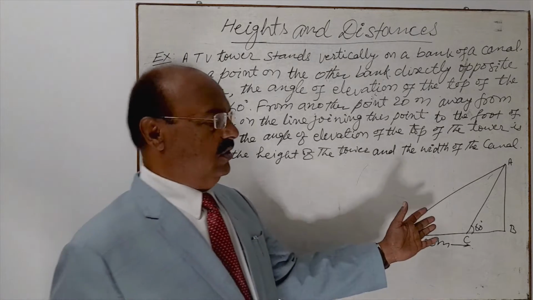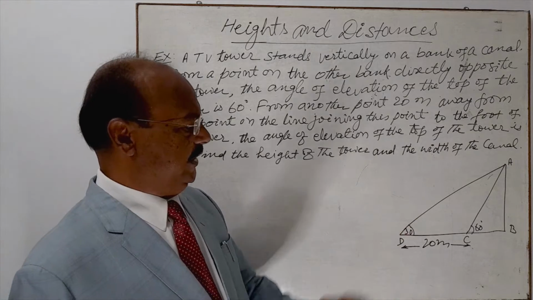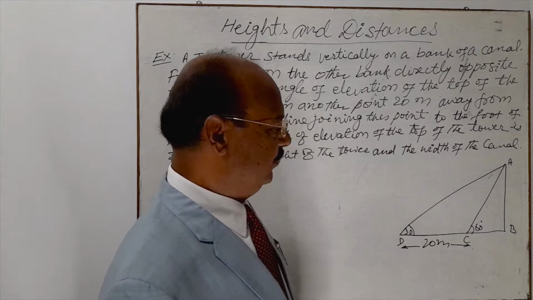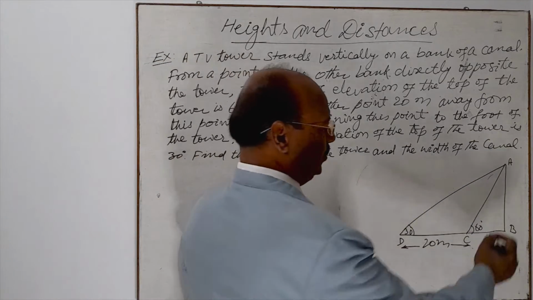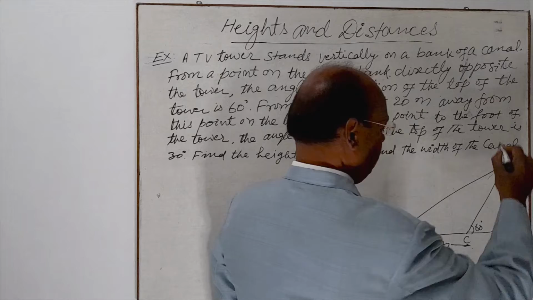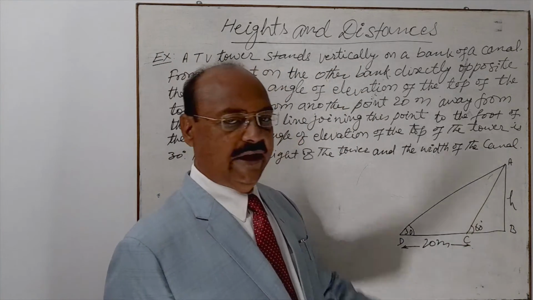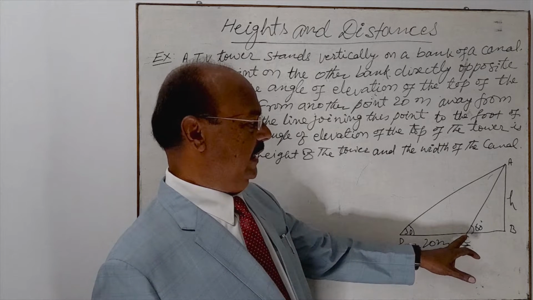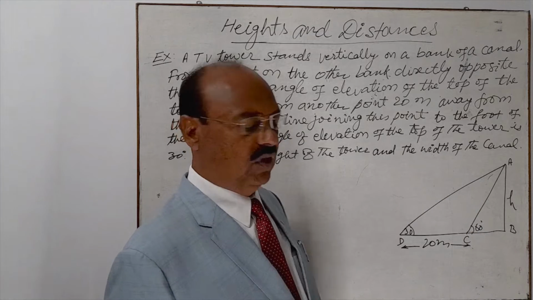Here diagram is already given with this question. Let us try to understand this diagram here. AB is a TV tower. We have to find out its height. Suppose AB is H. And on the other side of the bank of the canal, there is a point C where angle of elevation of the top of this tower is 60 degree.